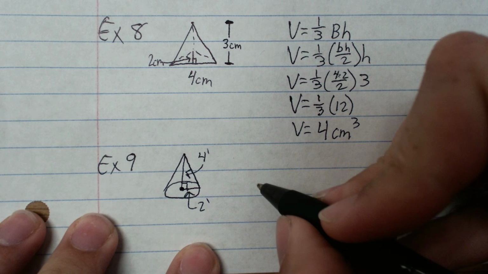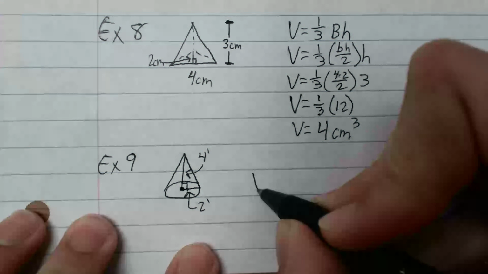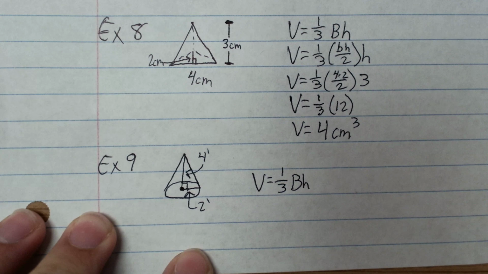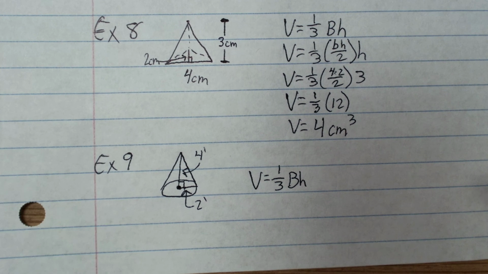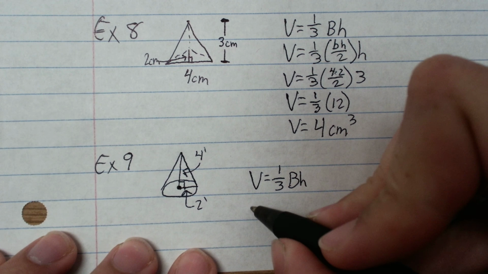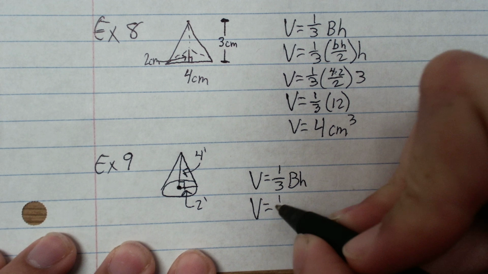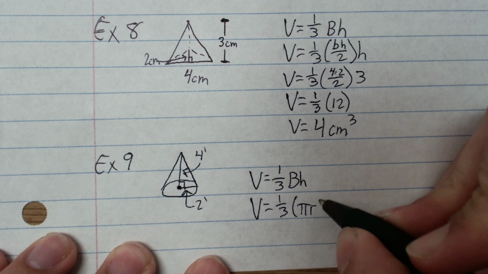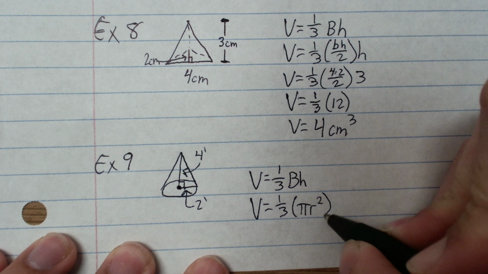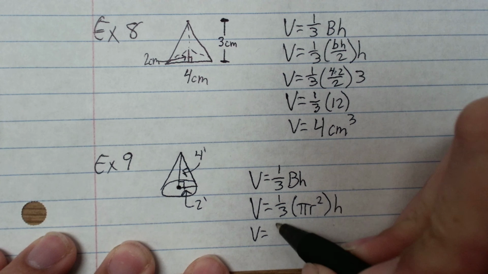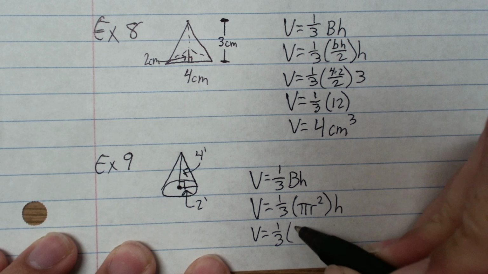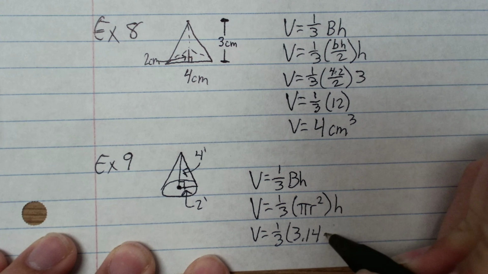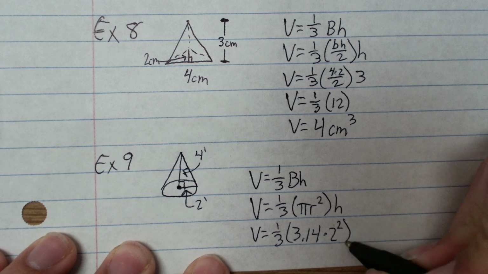So with a cone, it's the same formula. V equals 1/3 big B h. Now the reason it's 1/3 is because 3 cones would fit in a cylinder of that same size. Now our base on a cone is a circle, so that's going to be pi r squared times the height. So then we just start filling stuff in. 1/3 times 3.14 times our radius, which is 2 squared, times our height of 4.